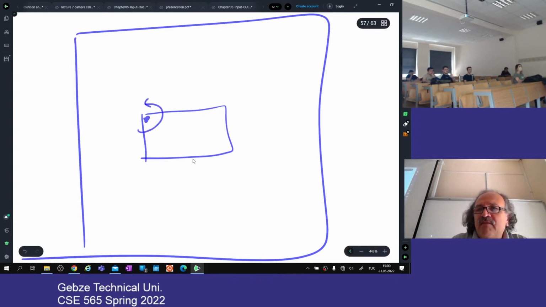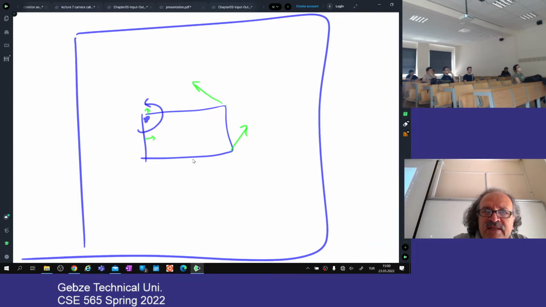What kind of optic flow vectors would I get? Maybe a large one here and a large one there, a little bit smaller one there, just a small one here, and a small one there, right? You know that, right?